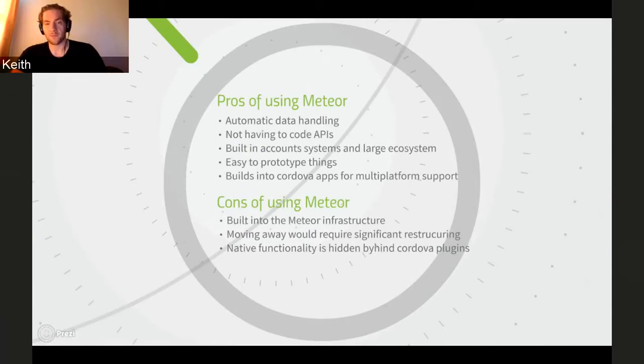But I think that it has a really nice and active ecosystem for people updating things, and giving you access to newer features of the phones. But the problem with that is they are kind of stored behind Cordova, so you're not actually getting direct access to native features. So if there's something you want, you might actually have to write a plugin.